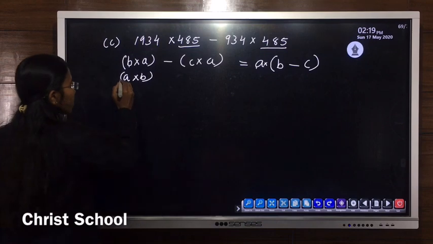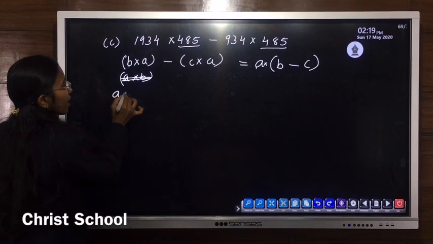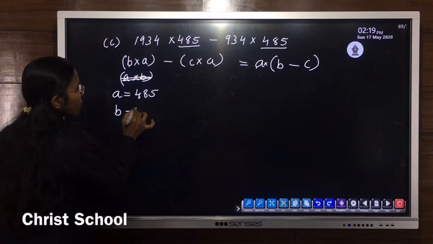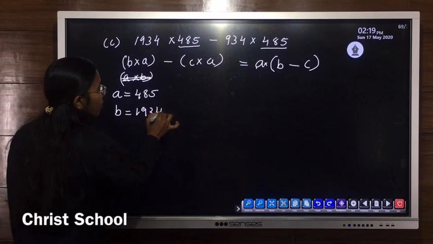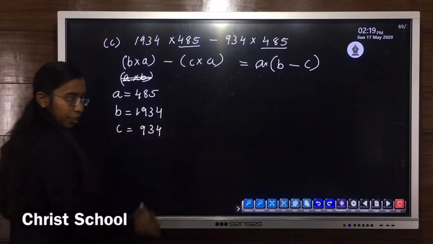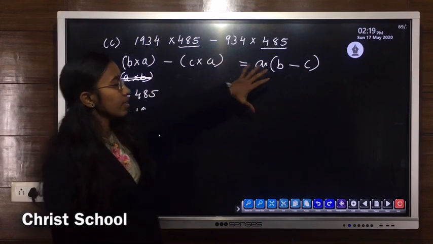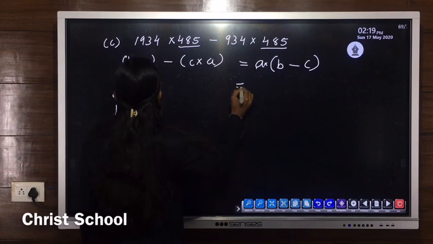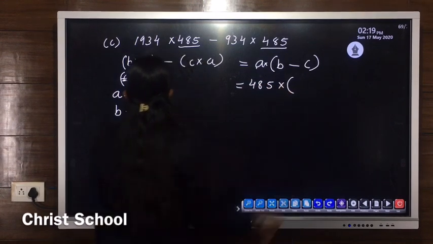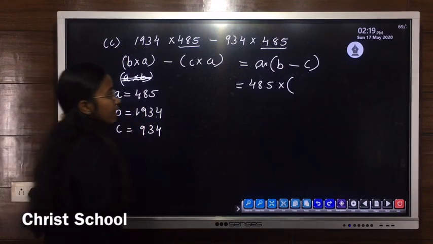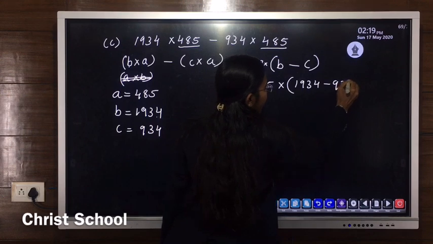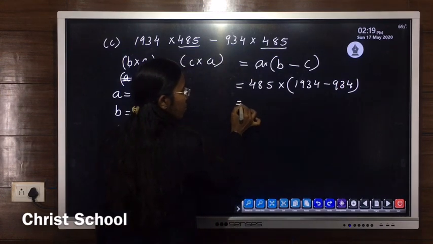So here also A is equal to 485, B is equal to 1934 and C is equal to 934. Substitute these values in this equation. That is 485 into B is 1934, 1934 minus 934 equal to.